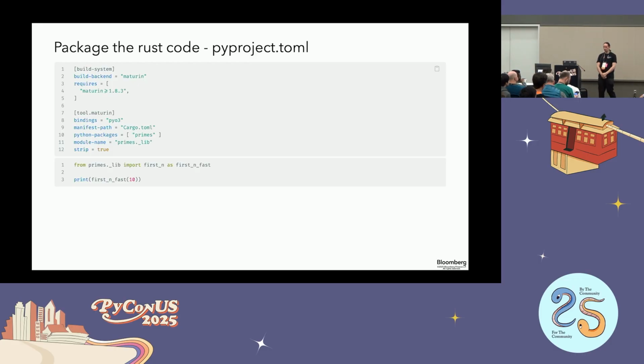We also specify what Python package this will generate and what is the module where the Rust code is going to live. So for example, here we put this Rust binary blob inside the primes_lib location. And once I have that, inside my Python file, I can just do this, where I see from primes_lib import first_n. Why does this work? Because here above in line 11, we actually specify that we're going to put the Rust binary inside this module. So then I can just import it, and the rest works.